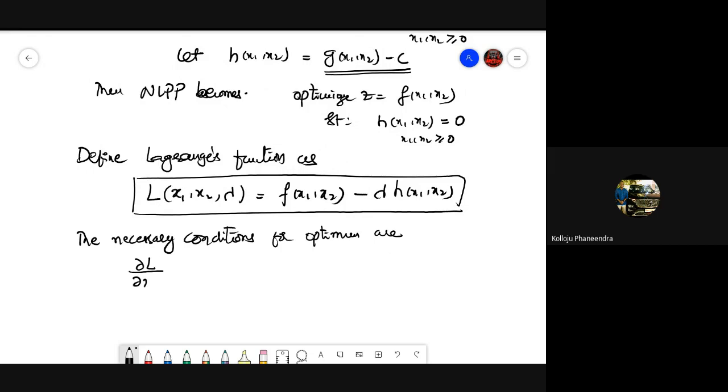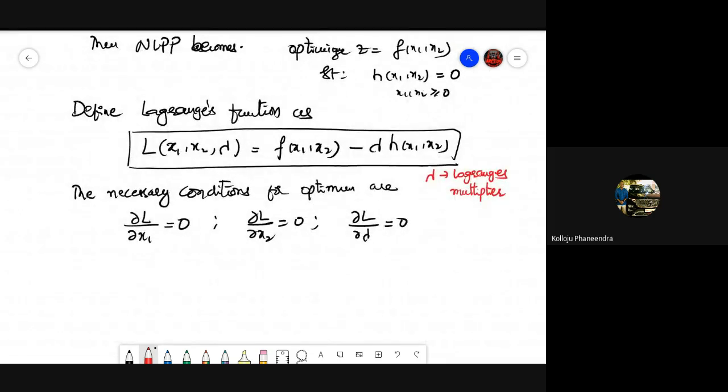First order partial derivatives must be equal to 0 with respect to the unknown variables: dou L by dou x1, dou L by dou x2, and dou L by another unknown, lambda. This lambda is called Lagrange's multiplier. Since only one constraint is there, we have only one multiplier.